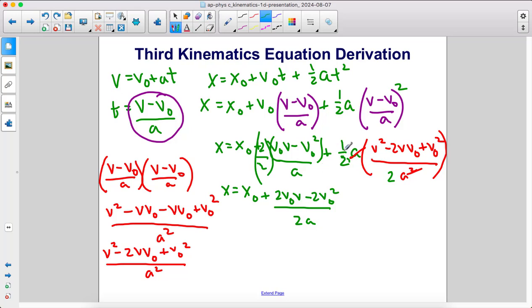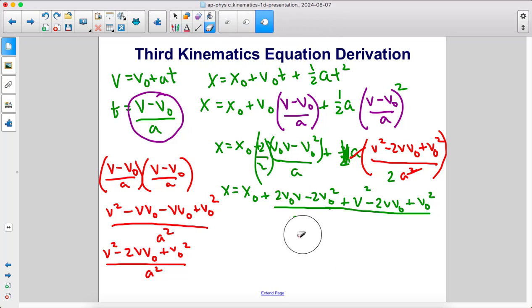All right, so I already put the 2 down there, so we got rid of that 1/2. Now we're just going to be adding on all of these as well, because they do have that common denominator. So we have plus v squared minus 2v v naught plus v naught squared. And this is all over 2a. I'm actually going to rewrite it in the middle.